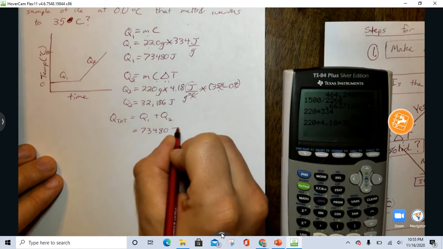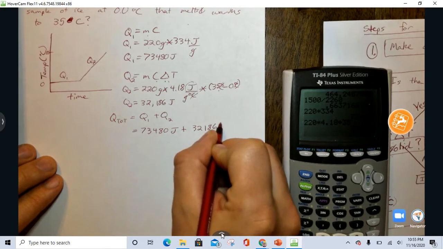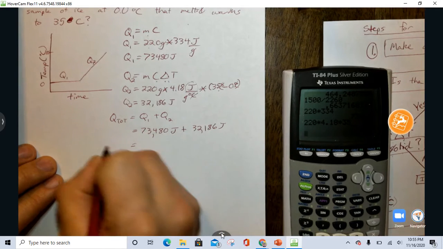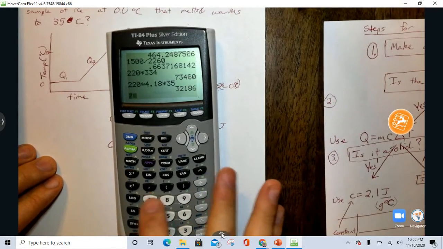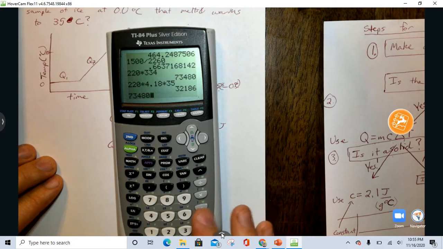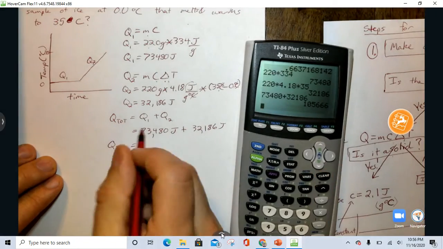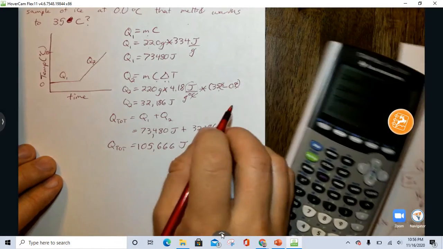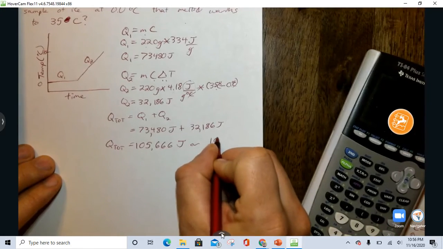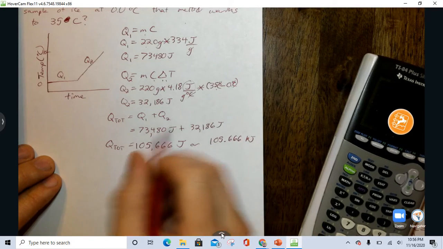73,480 joules plus 32,186 joules. Our total energy is 73,480 plus 32,186, which is 105,666 joules, or 105.666 kilojoules, dividing by 1,000.